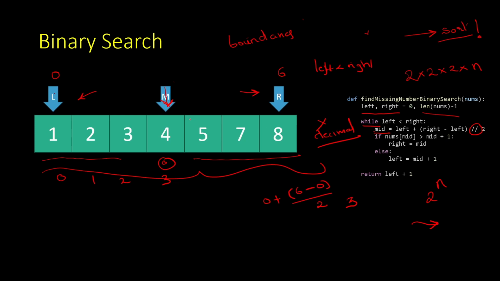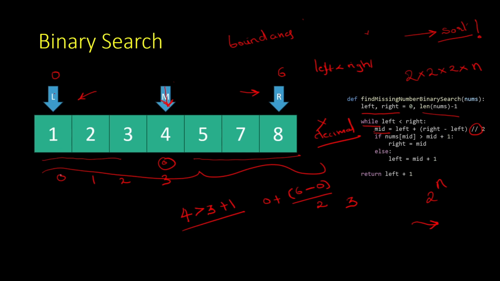Now, how are we going to know in which direction, on the left part of this mid or on the right part of this mid, the issue is? I will see what is the number at mid, that is 4. If it is greater than mid plus 1, index 3 plus 1, what does that mean?